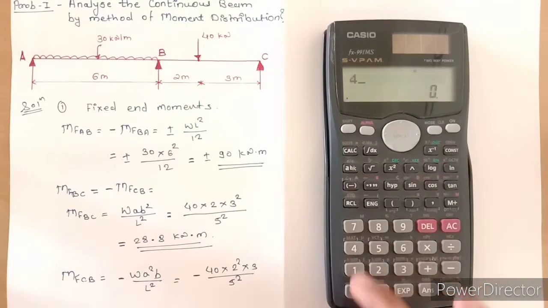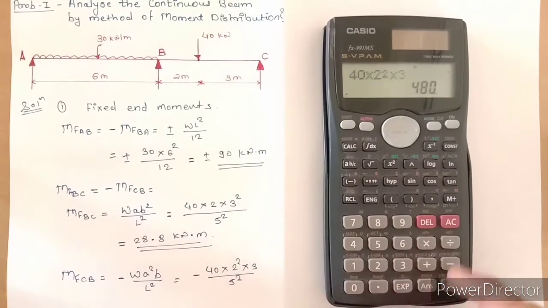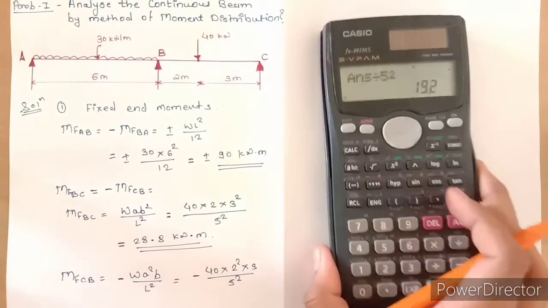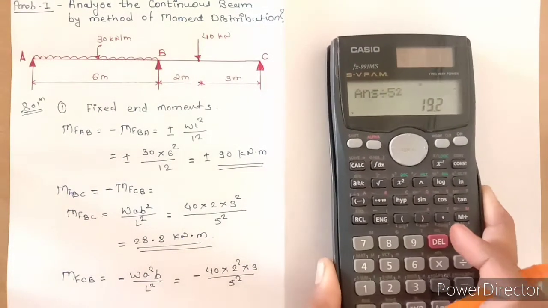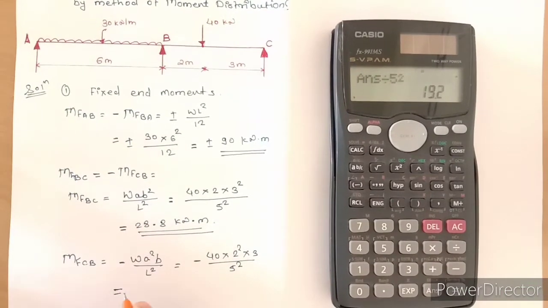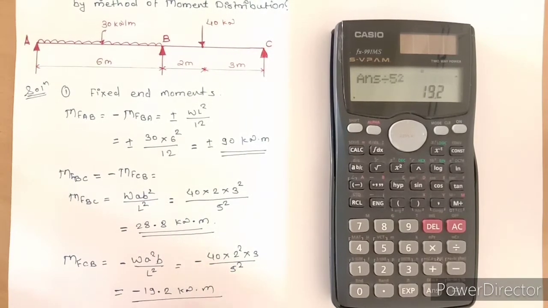So the answer is 19.2. So the fixed end moment for member CB is equal to minus 19.2 kilonewton meter. These are our fixed end moments.